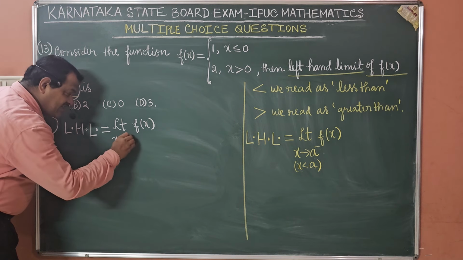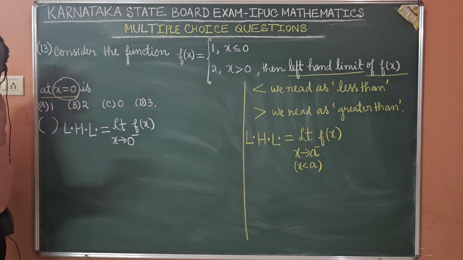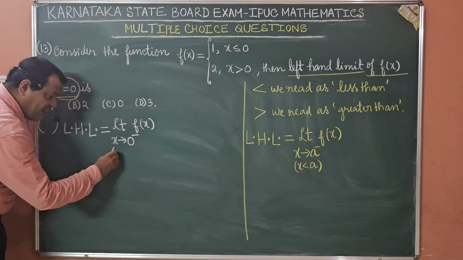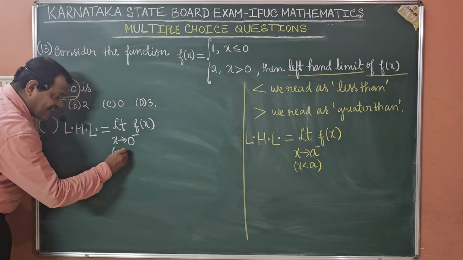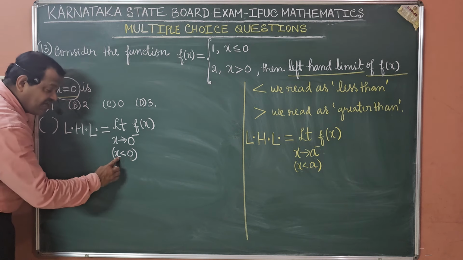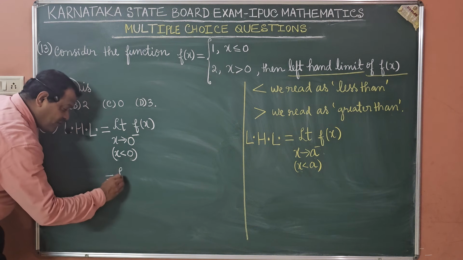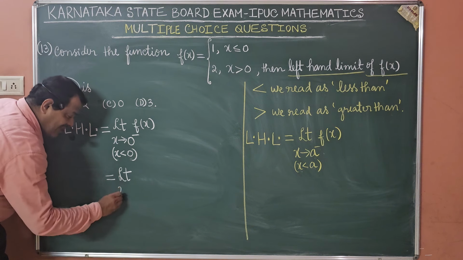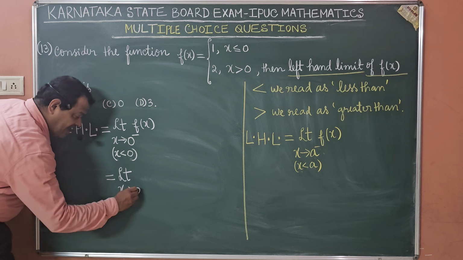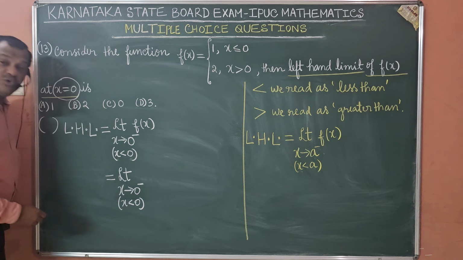I write here 0, and here we should write minus, 0 minus. Its meaning I write below in the bracket: x is less than 0 and very close to 0.